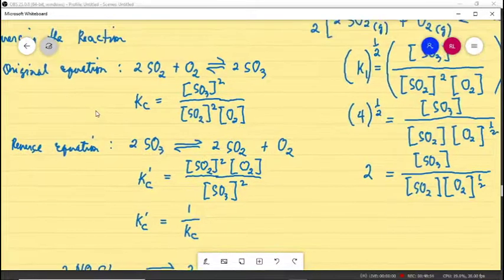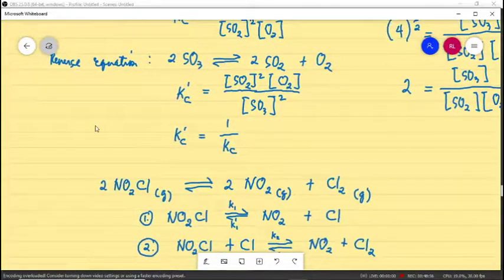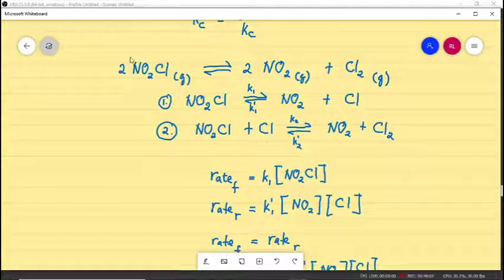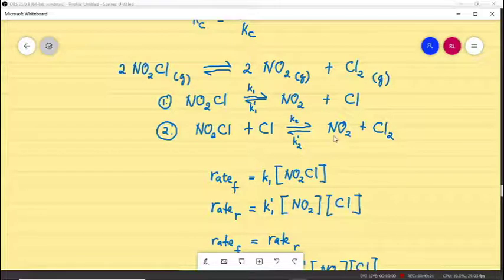Okay. So as what I have said earlier, that we can derive the expression for this overall reaction from the intermediate steps.